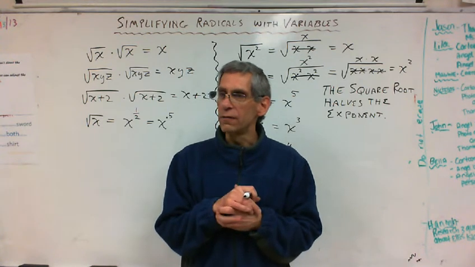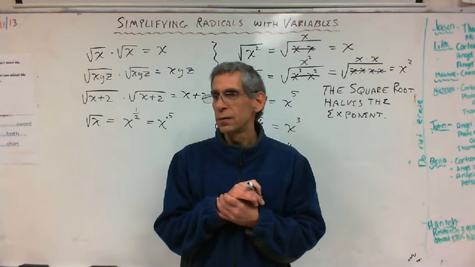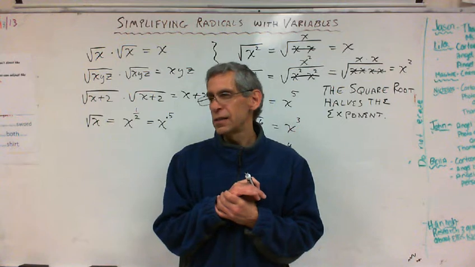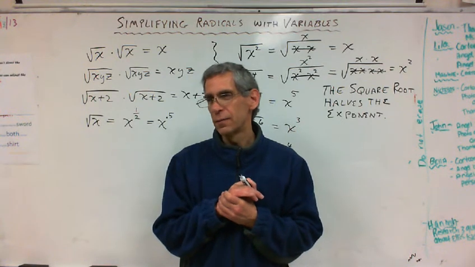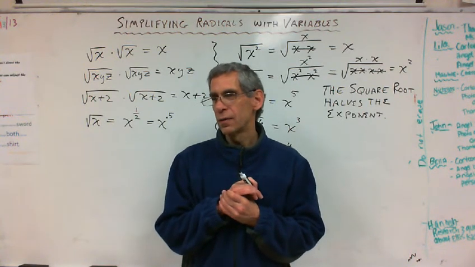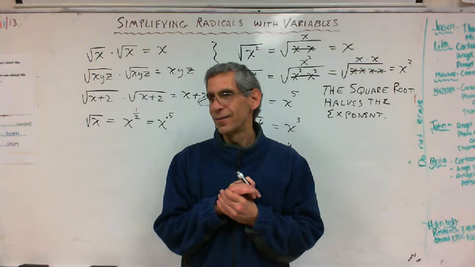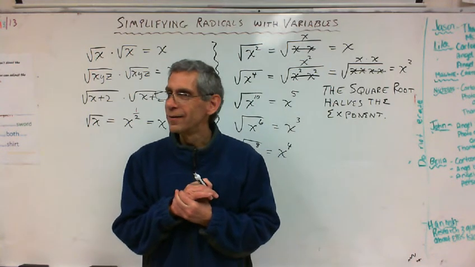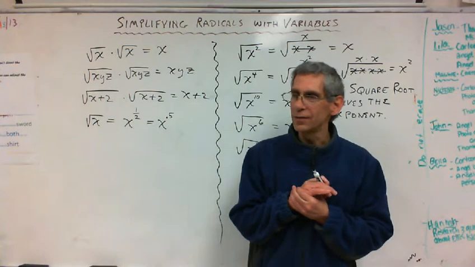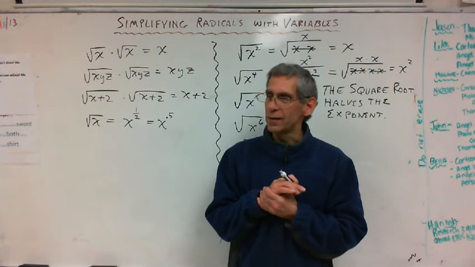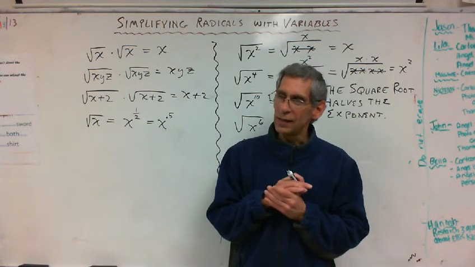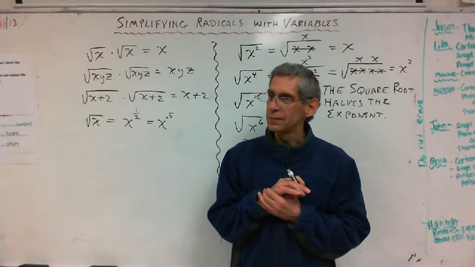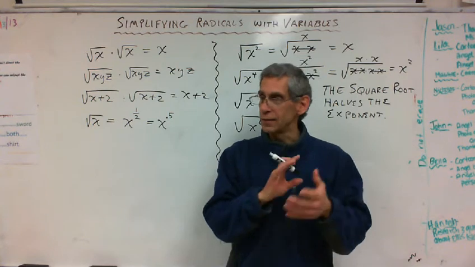Square root of x to the 6 million. What is that, like x to the 3 million? Yeah, x to the 3 million. Okay, Elizabeth, the square root of x to the 80th, right.